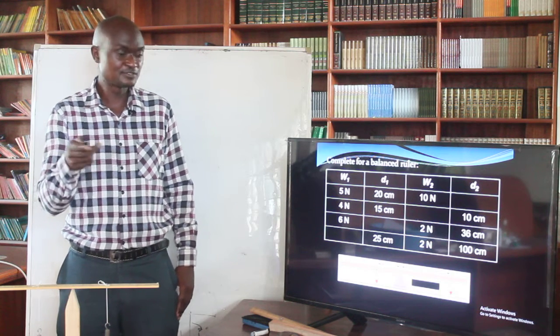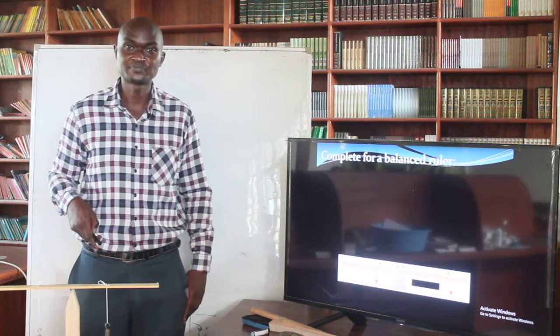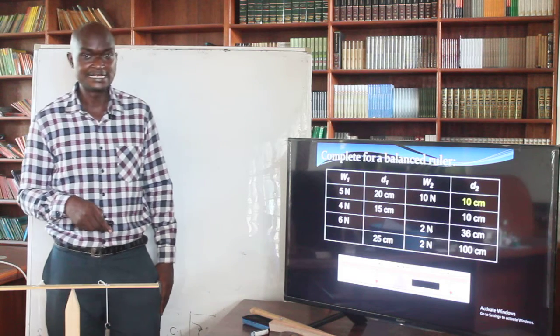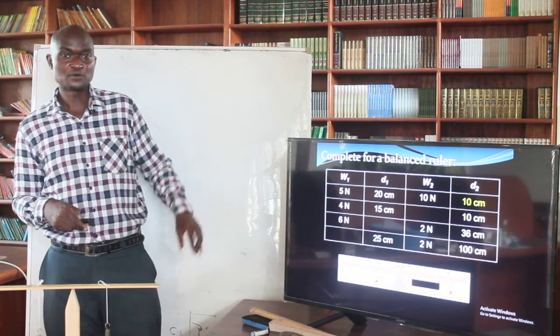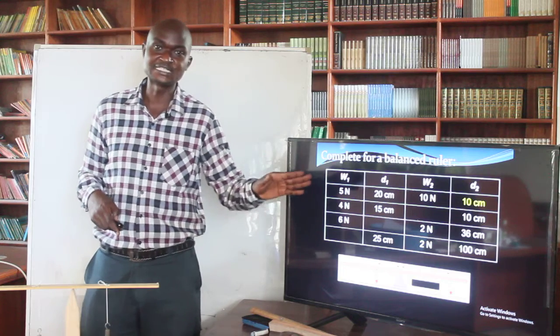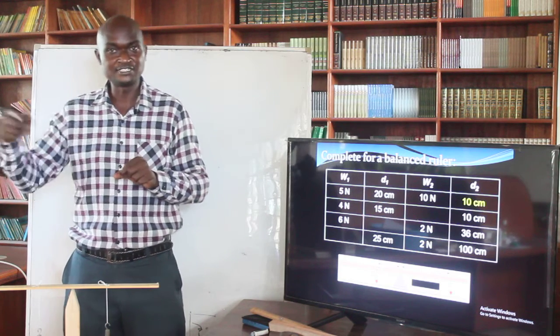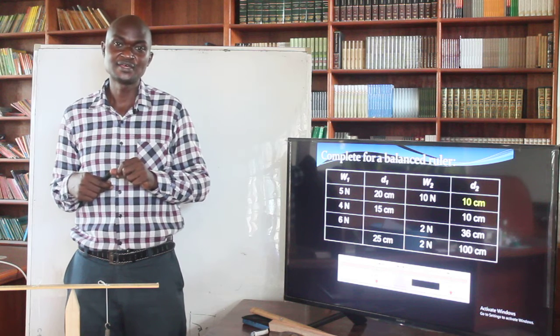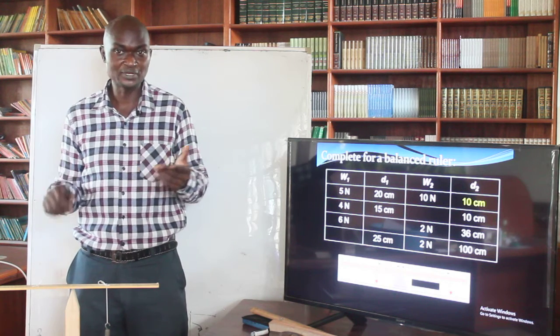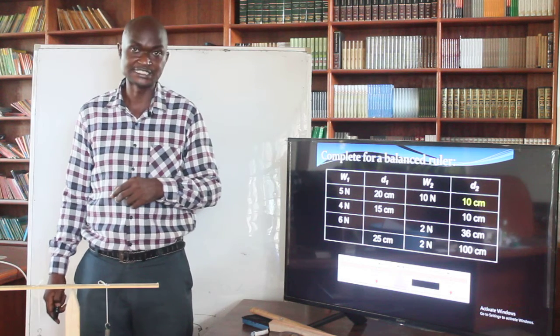So what will be the values of the blanks in this case? Let's fill it in. D2 will be 10, because 5 newtons times 20 centimeters is 100 newton centimeters. So 10 newtons times D2 should give you the same. That means you divide both sides by 10, you get D2 to be 10 centimeters.